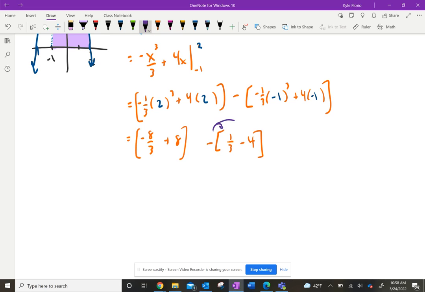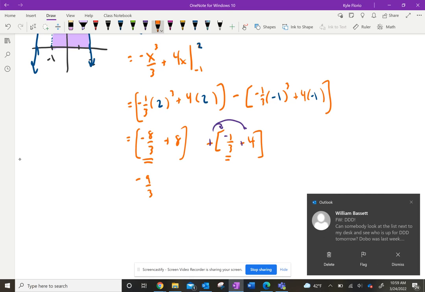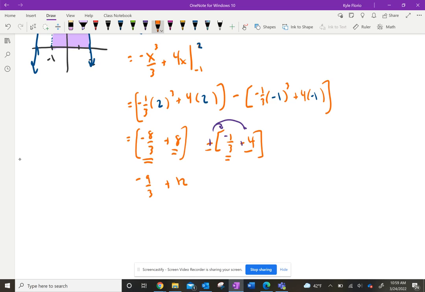So if you distribute the negative in, it's going to become a minus 1/3 and a plus 4, which is going to make things a little bit easier because I have negative 8/3 plus negative 1/3, which is negative 9/3. And then I have 8 plus positive 4, which is 12. And 9 divided by 3 is 3, so we're going to have negative 3 plus 12, which is just 9.